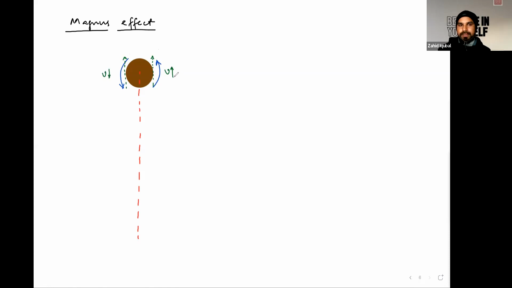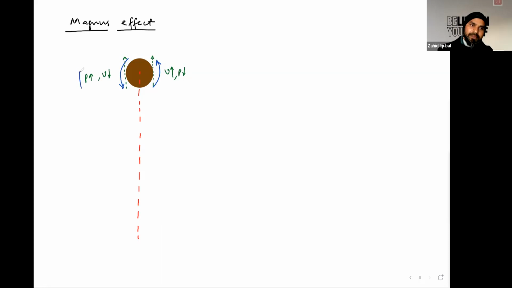According to Bernoulli's principle, if at a particular point velocity increases, pressure must decrease. And at this point, if velocity decreases, pressure must increase. Now, this velocity difference creates a pressure difference at these two ends, and this pressure difference is responsible for deviating the ball from its actual trajectory.